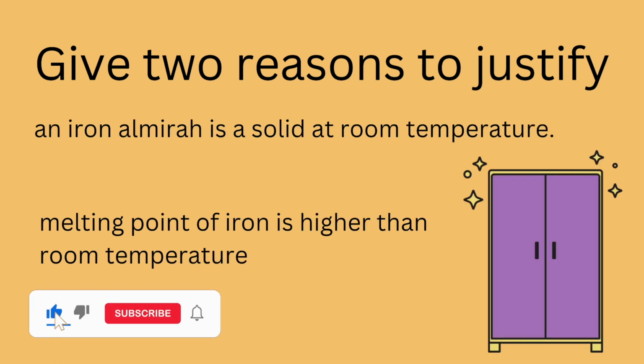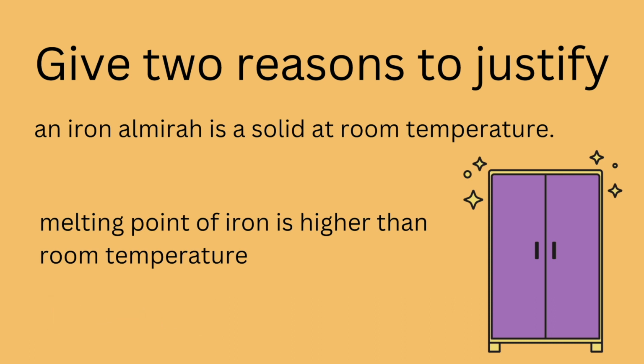Moving on to the next question. An iron almirah is a solid at room temperature. Almirah is basically an iron shelf. I hope you understand what I'm trying to tell. Obviously, iron has a very high melting point. Obviously, it cannot melt at room temperature.